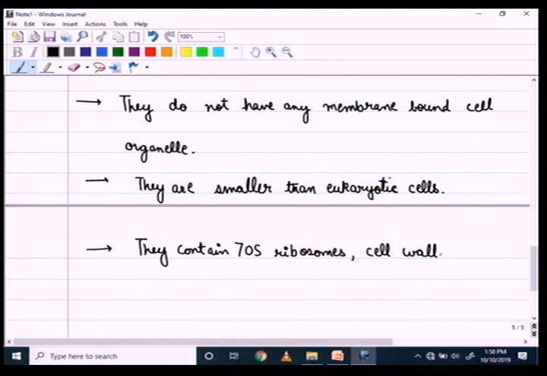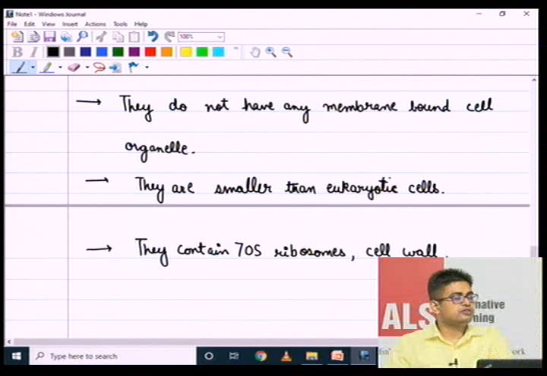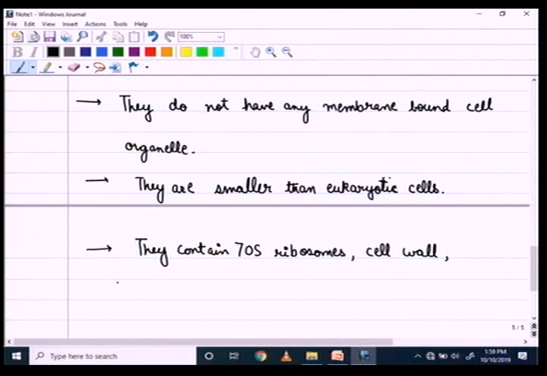Most bacteria, most prokaryotes have a cell wall, but they are mostly unicellular, no multicellular structure is present. Colonies might be present sometimes, but no multicellular structure. Other than that, they have nucleoid or naked genetic material.